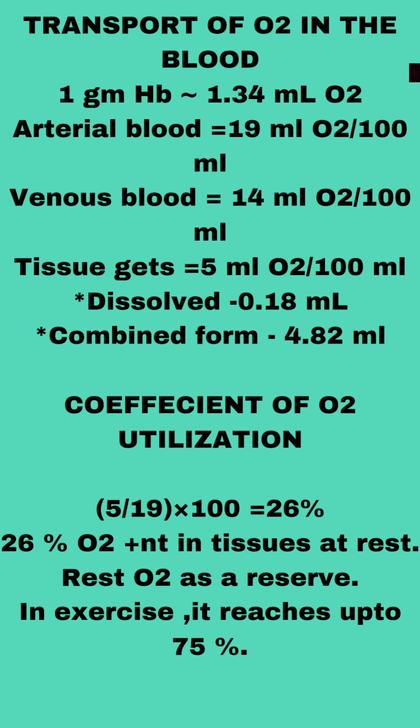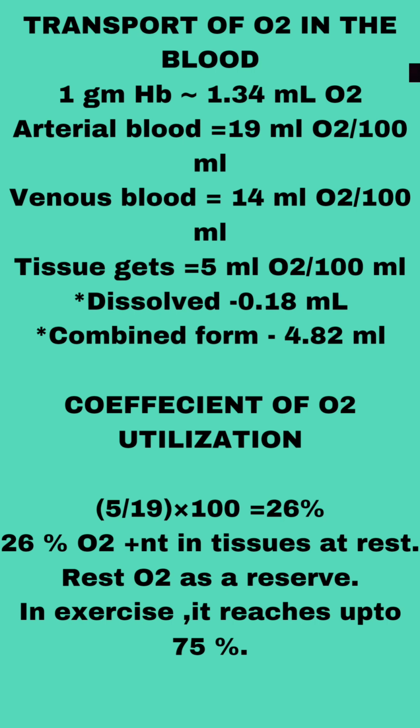From this we can calculate that arterial blood contains about 19 ml of oxygen per 100 ml of blood, and venous blood contains 14 ml of oxygen per 100 ml of blood. So we can deduce that the tissue gets only 5 ml of oxygen, out of which 0.18 ml is dissolved in the plasma, and 4.82 ml is in combined form, bound to hemoglobin.